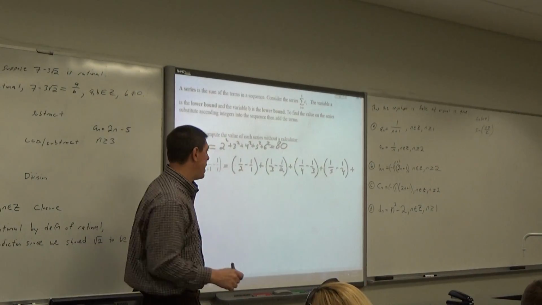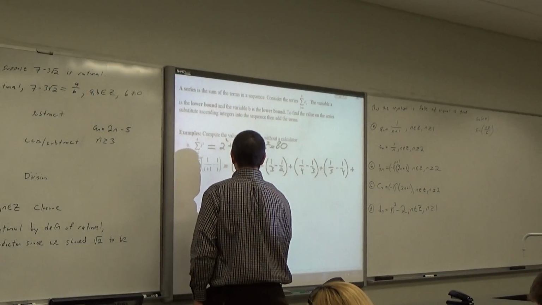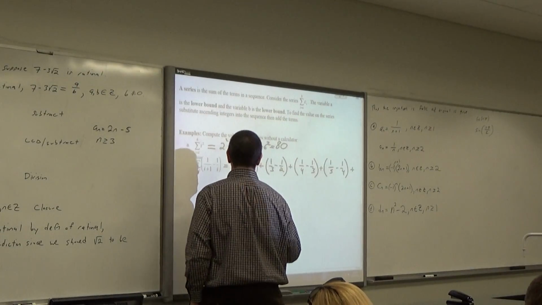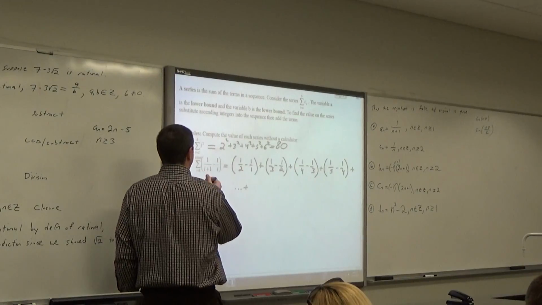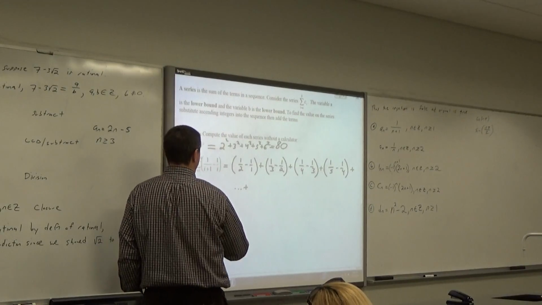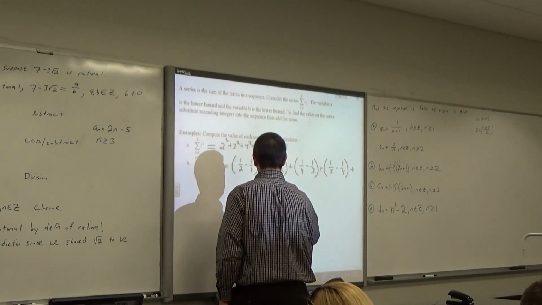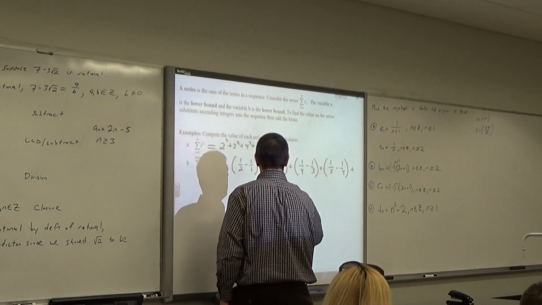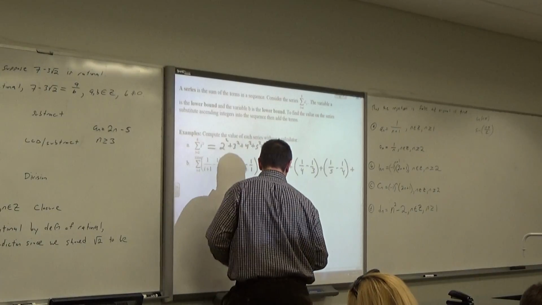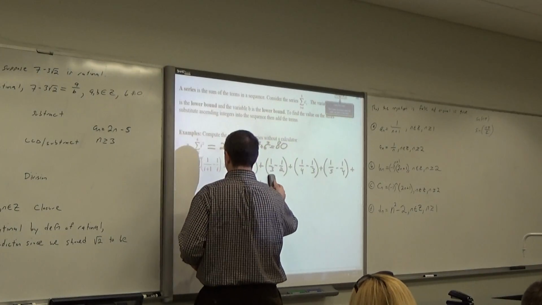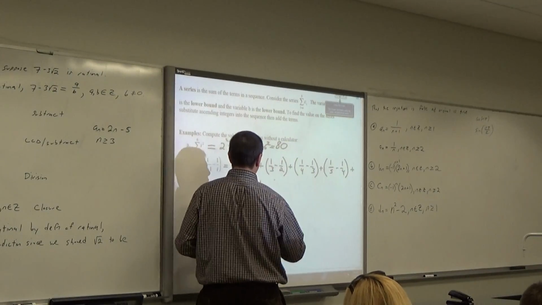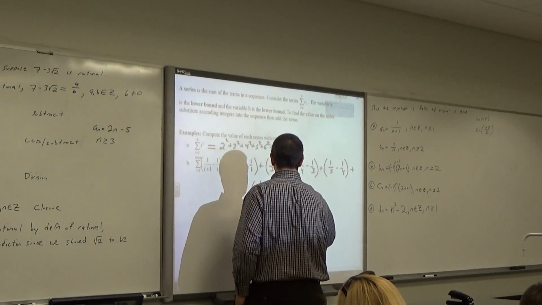It would just keep going on indefinitely until we got up to 10,000. So let's just go ahead and plug in 9999 and then 10,000. So this becomes 1 over 10,000 minus 1 over 9999.